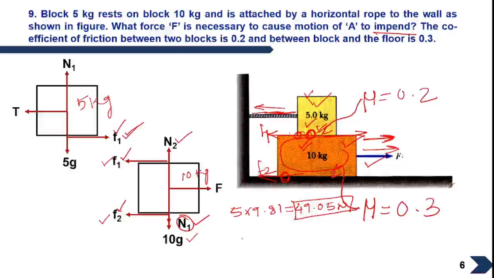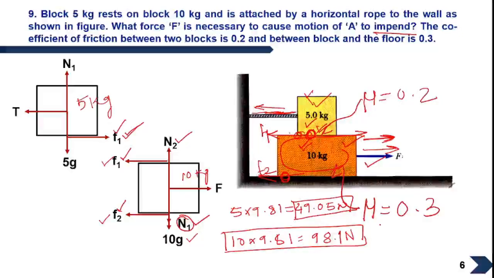Similarly, 10 into 9.81 will give you 98.1 Newton. This value also we can use for the calculation. So let us begin to solve the sum.